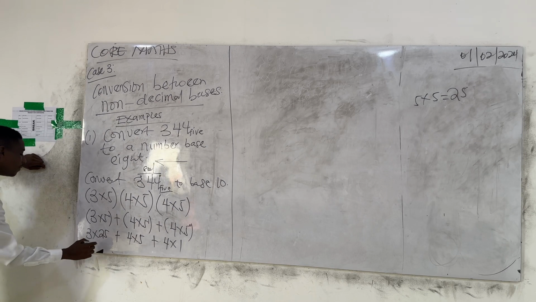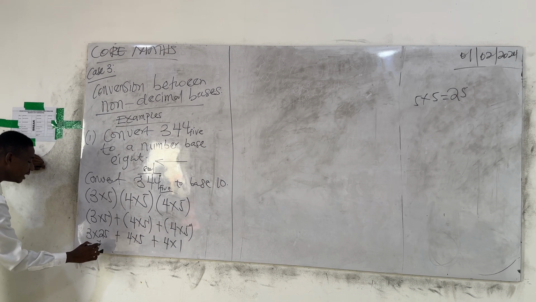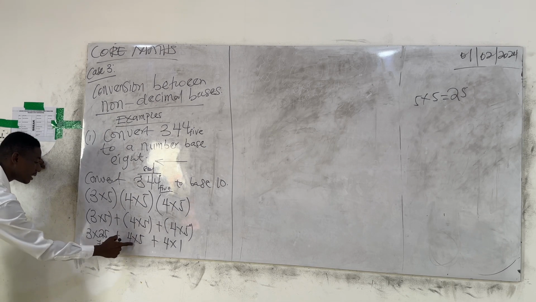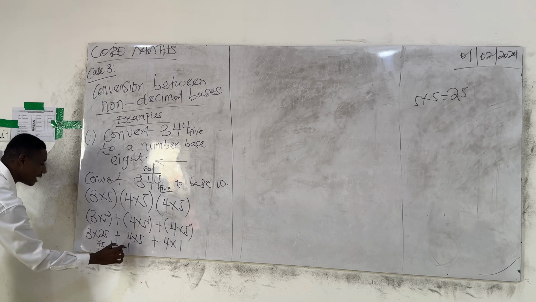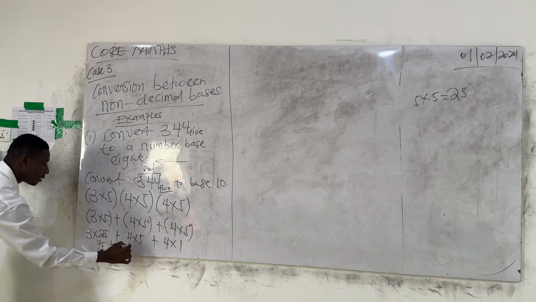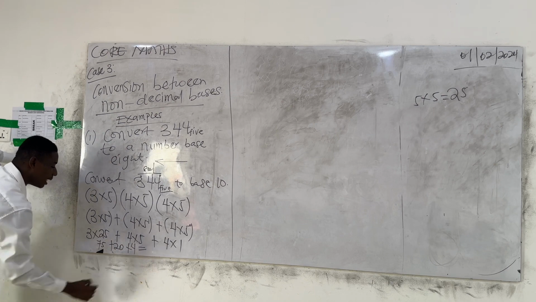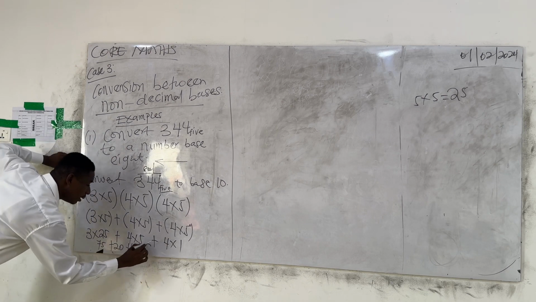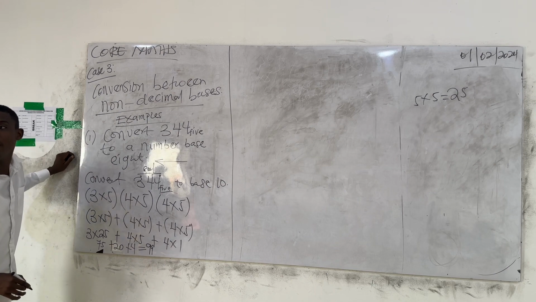Now let's sum them up. 3 times 25 is 75. Plus 20, plus 4. Giving us a total of what? 99. In this case, what will be the base? 10.